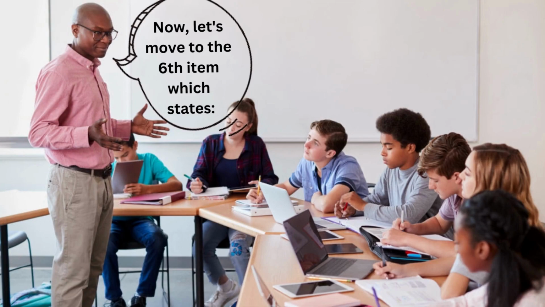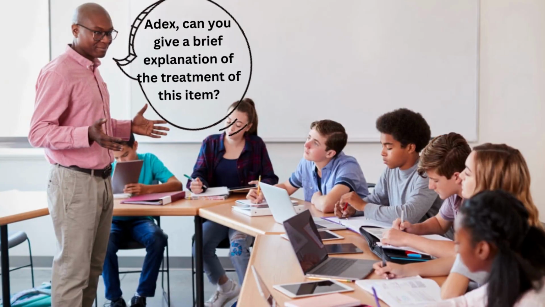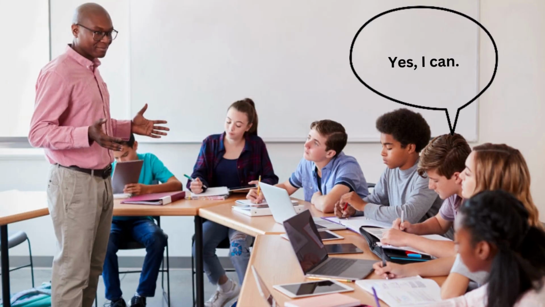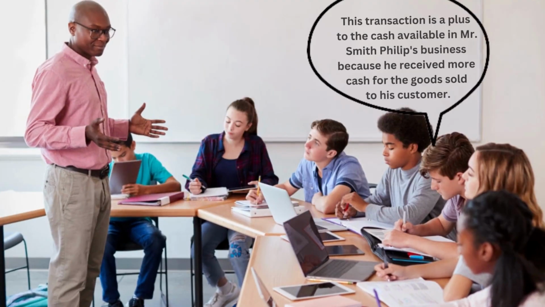Now, let's move to the sixth item, which states, May 9th, goods sold for cash, 2,300 naira. Adex, can you give a brief explanation of the treatment of this item? Yes, I can. Then go ahead.